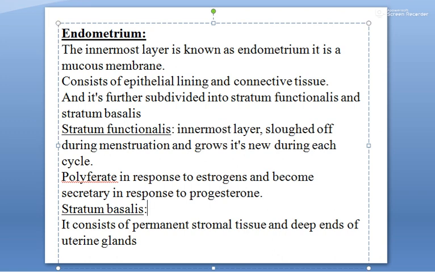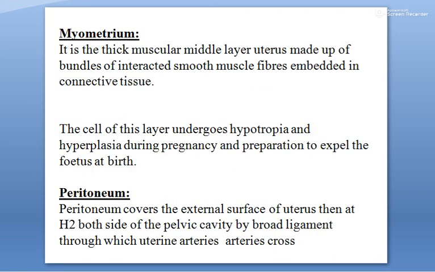And next is the myometrium. It is the thick muscular middle layer of the uterus, made up of bundles of interlacing smooth muscle fibers embedded in connective tissue. The cells of this layer undergo hypertrophy and hyperplasia during pregnancy in preparation to expel the fetus at birth.